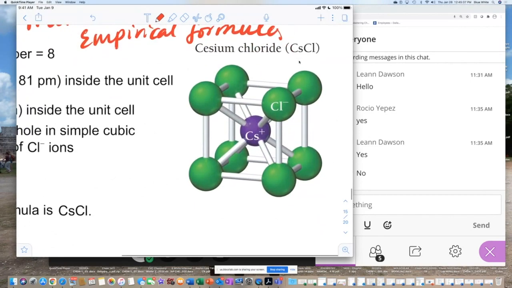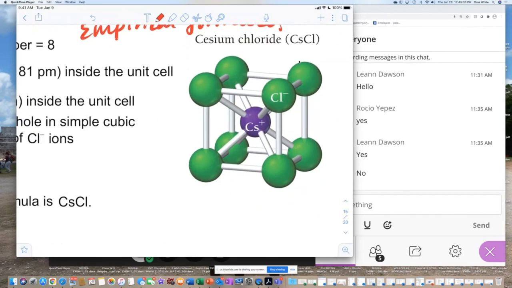So I want you guys to tell me, looking at this picture, we'll start with chloride because this is a corner piece. How many chloride atoms or particles do we have inside the unit cell? Because all we care about is what's inside the unit cell. How many do we have and what fraction? 1/8.